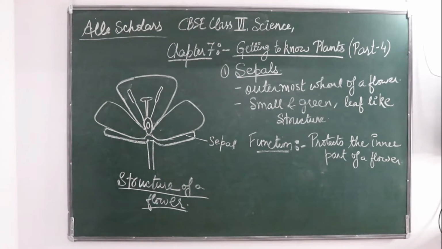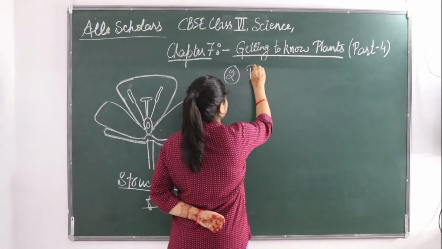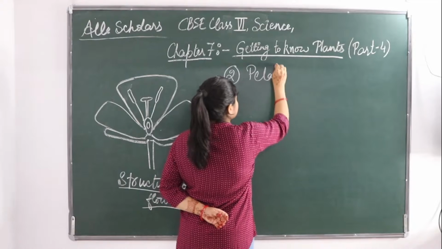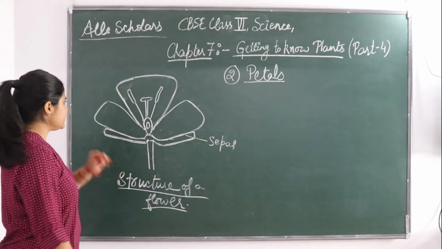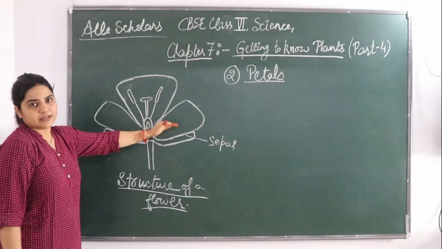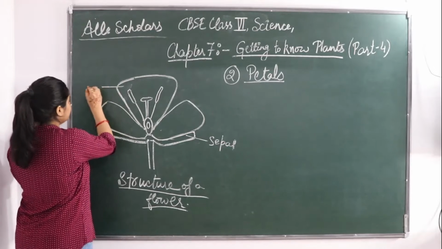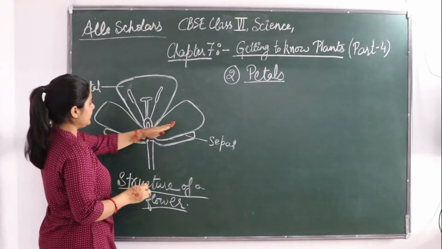Okay, so next we shall see about petals. The second part of a flower is petals. We have seen sepals, now next is petals. Petals are these colorful parts of a flower. This is a petal. This is also a petal.